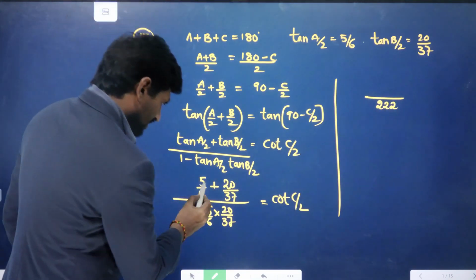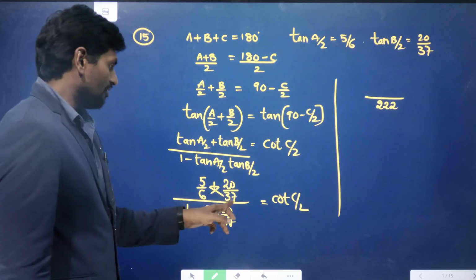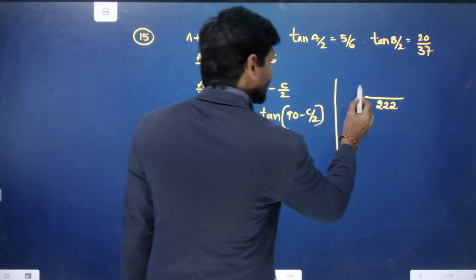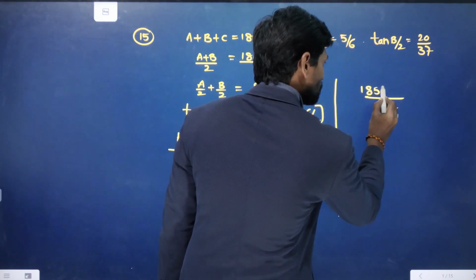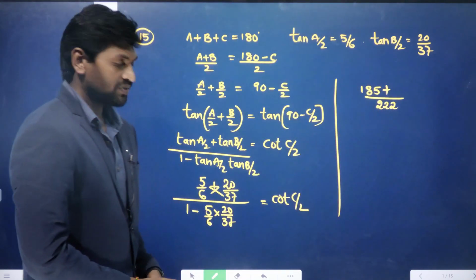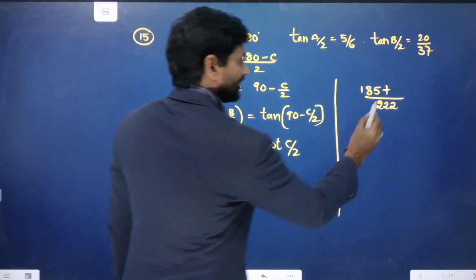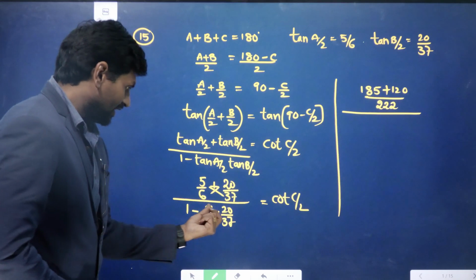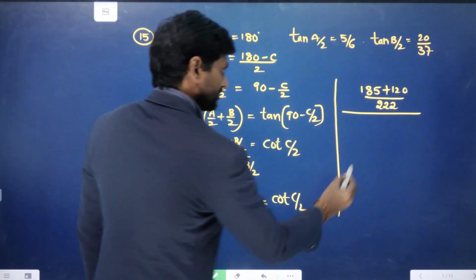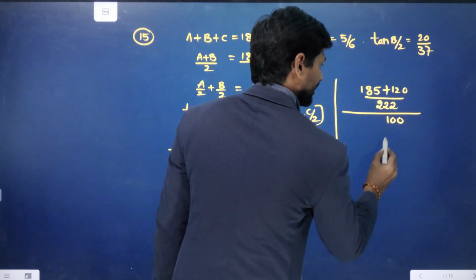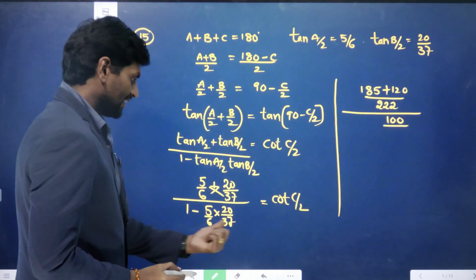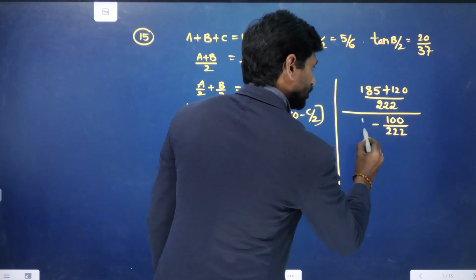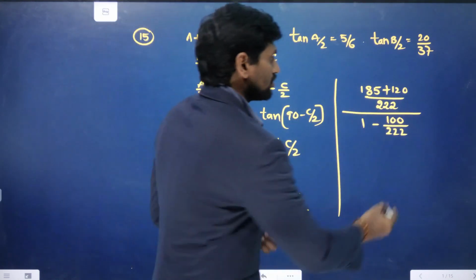Now cross multiplication: 5 × 30 is 150, plus 5 × 7 is 35, 150 + 35 is 185. And 6 × 20 is 120, so 120 whole divided by 222. Before that, 1 minus will also be there, which equals cot(C/2).